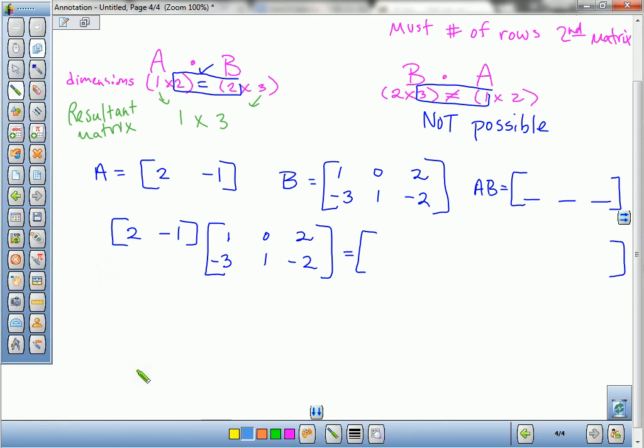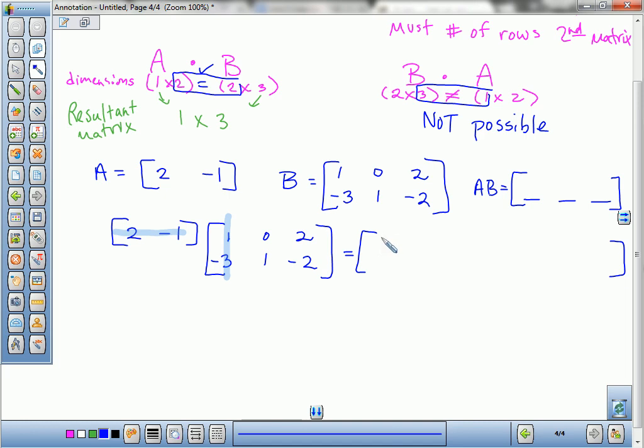All right, so what we do is we take the first row of this matrix and multiply it by the first column of that one. This one right here, I've got a 2 and a -1, and that's the first thing I do. I multiply the first one here with the first one there. 2 times 1 is 2, plus, then I add the second one here with the second one here.